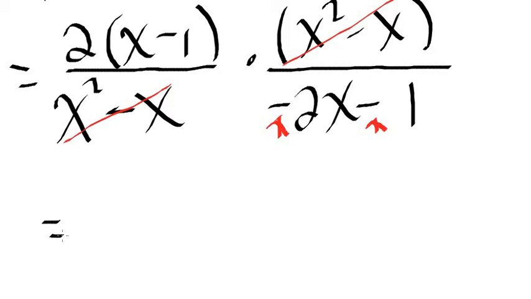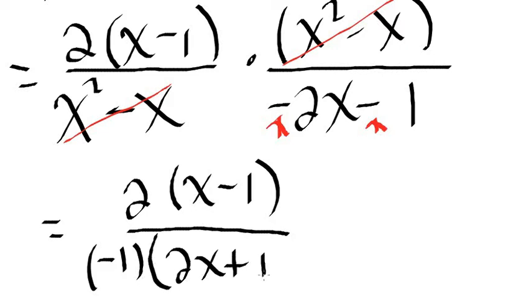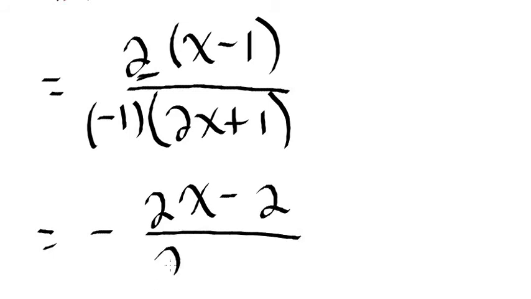So we're going to end up with 2 times x minus 1 over negative 1 times 2x plus 1. Okay? And what you can now do is take this negative out to the front. I factored this 2 out of here because I thought maybe something else might be able to cancel down. But it doesn't look like it, so we'll just leave it back in there.